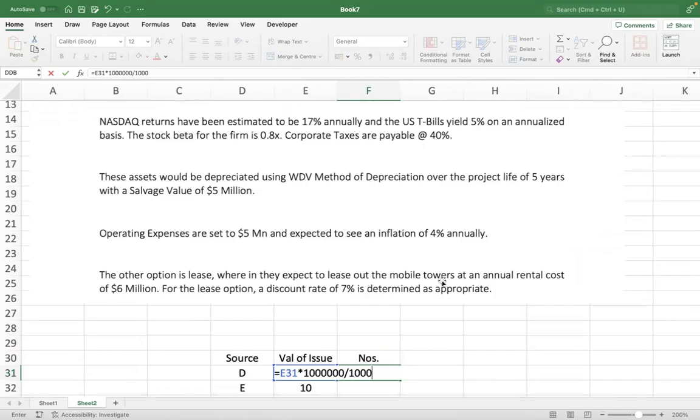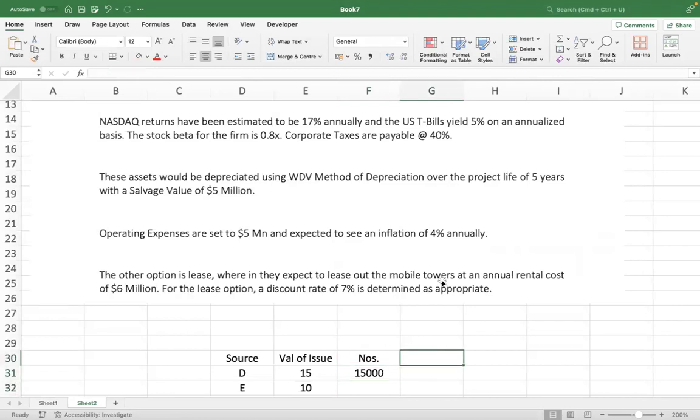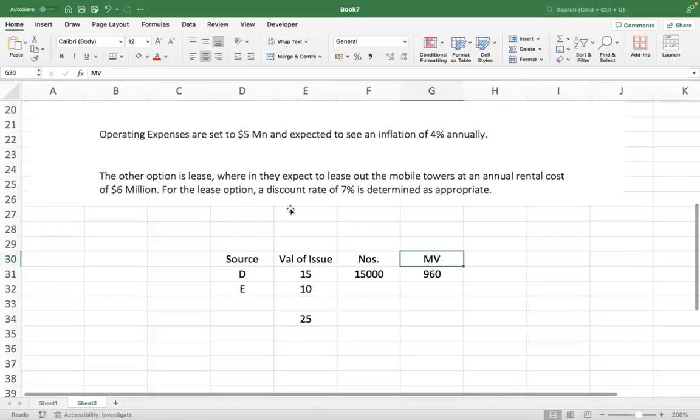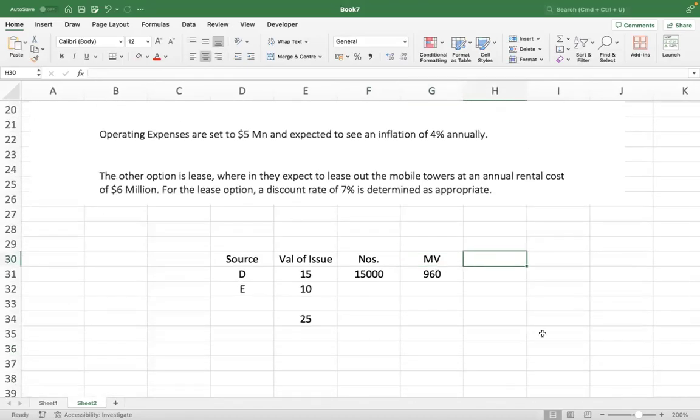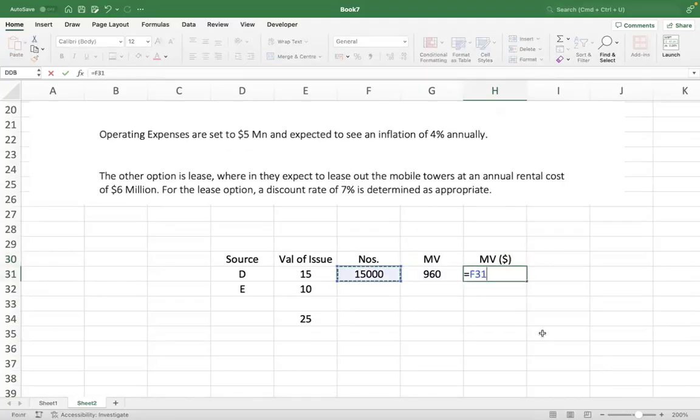And every bond has a value of 1,000. So you need to issue 15,000 bonds. And the market value of the bond is 1,000 into 1 minus 4%. It's trading at a 4% discount, no? So that's 960. So the market value in dollar values would be 15,000 bonds into 960, which is 14.4 million.